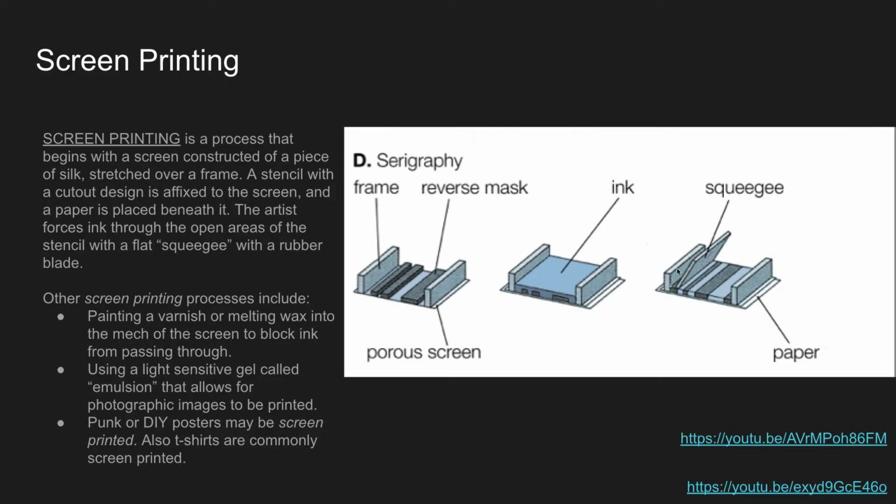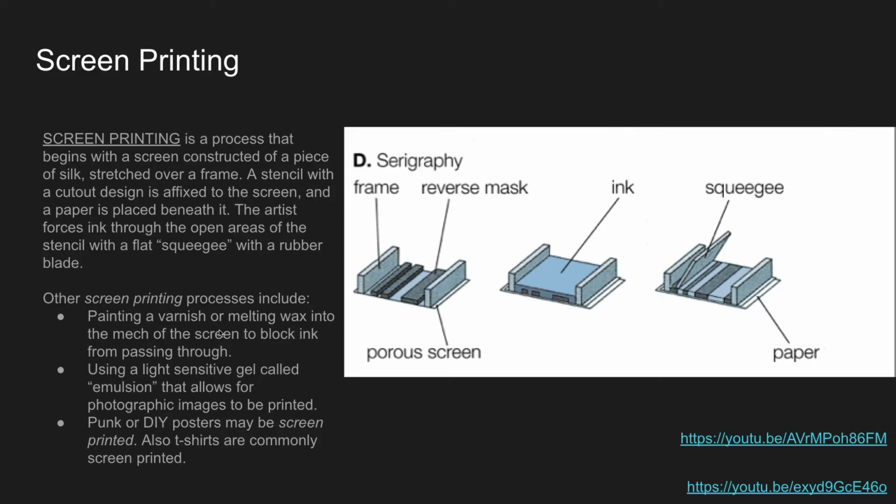Use a squeegee, and you really scrape across the top, and it presses the ink through the mesh, and that results in an image on the paper below it.